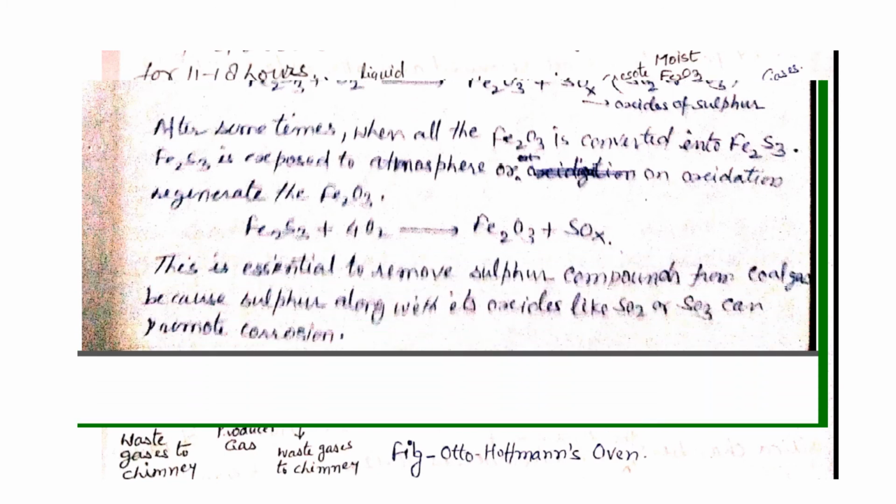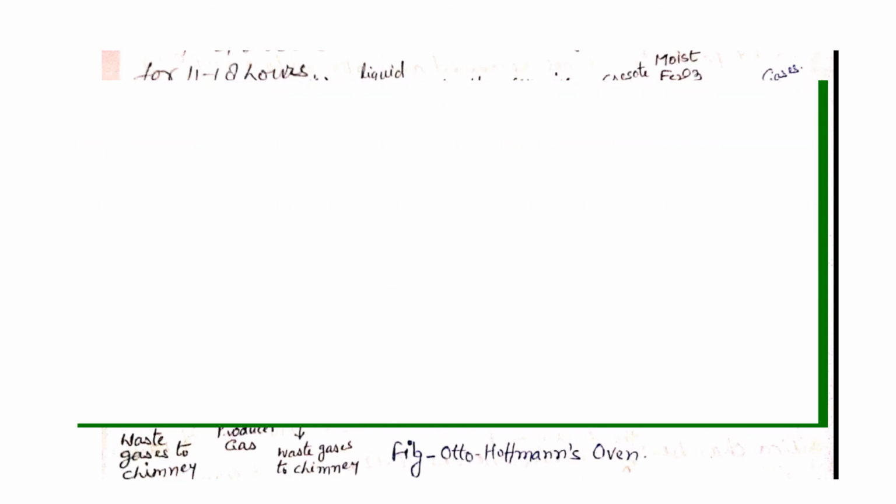So this is Fe2S3 plus 4O2 giving Fe2O3 and oxides of sulfur. This removal is essential, because sulfur along with its oxides like sulfur dioxide or trioxide can promote corrosion.